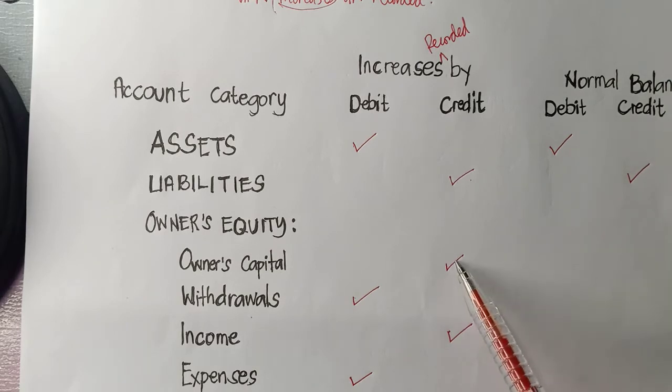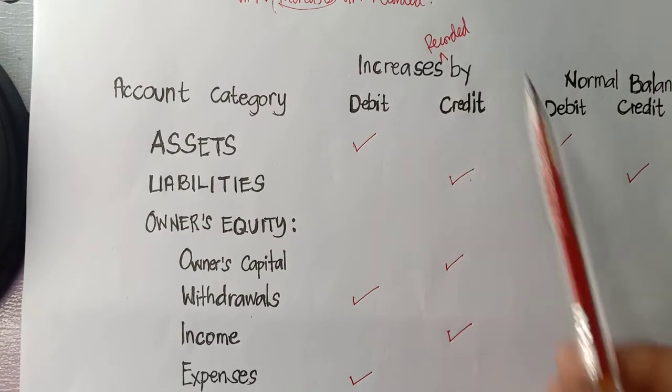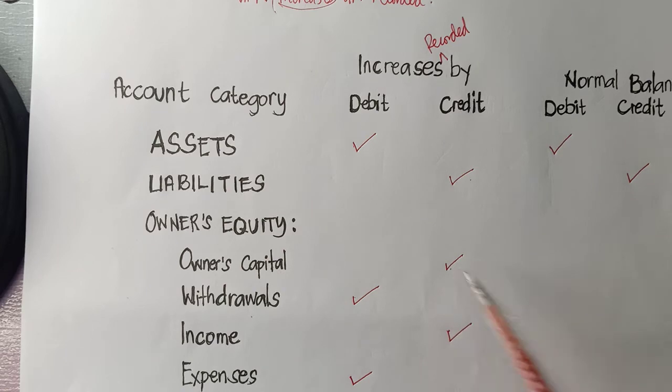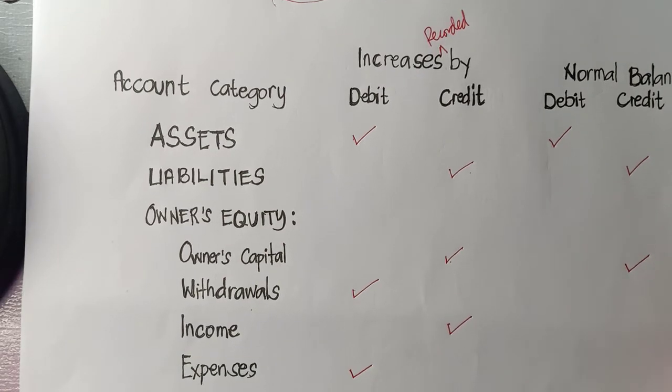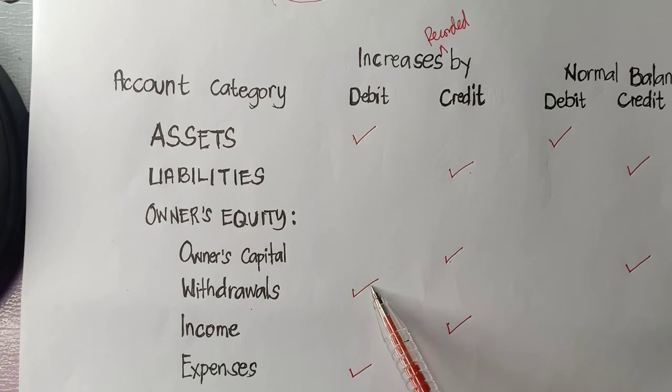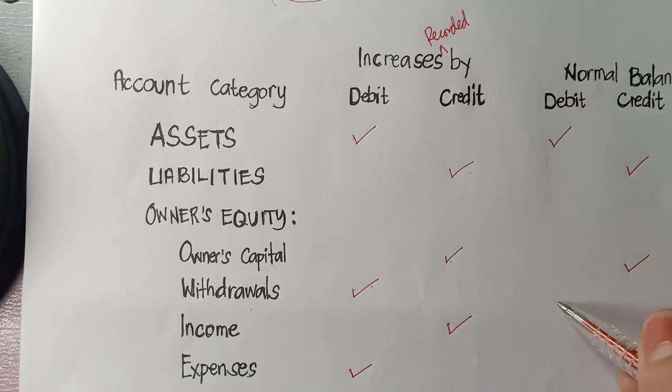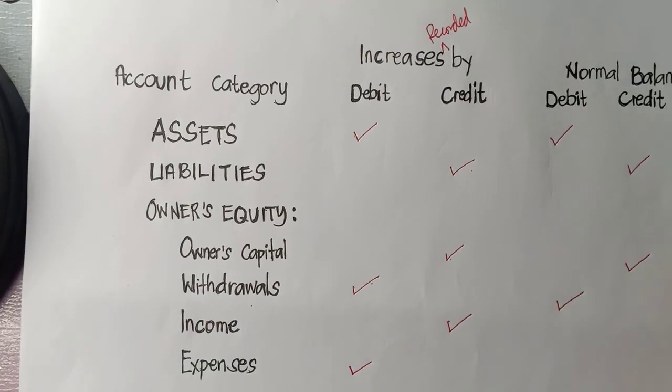In owner's equity, increases are recorded by what? Credit. So, that is why the normal balance is also credit. Here, in the withdrawals, increases are recorded by what? Debit. That is why the normal balance is also debit.